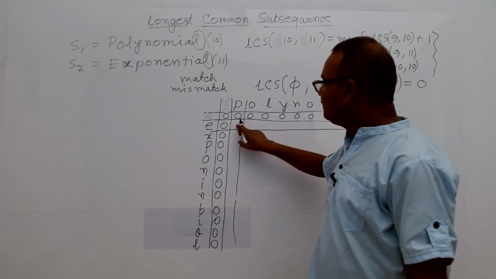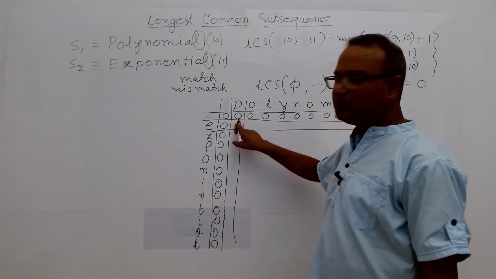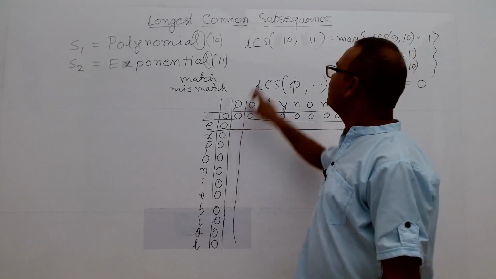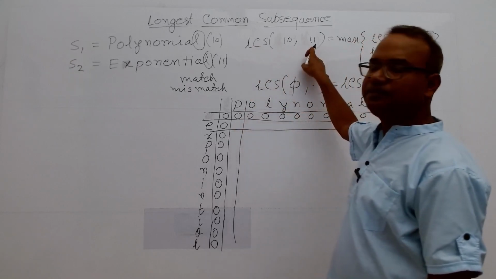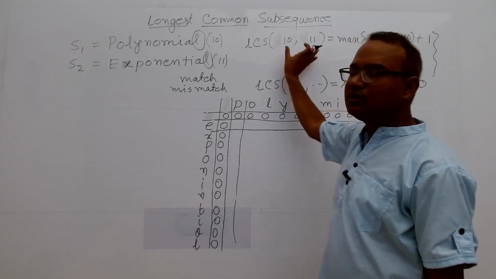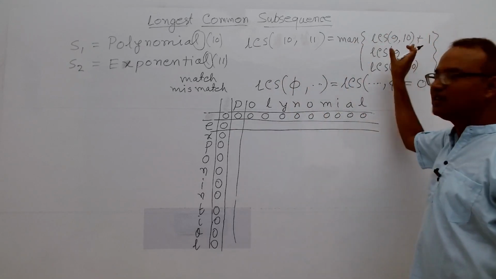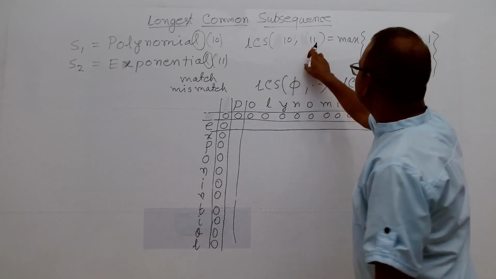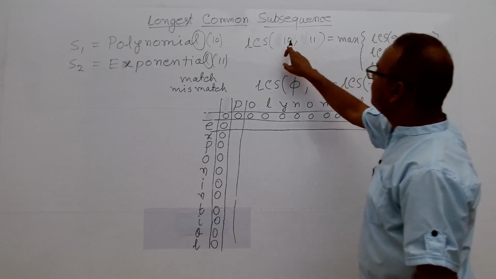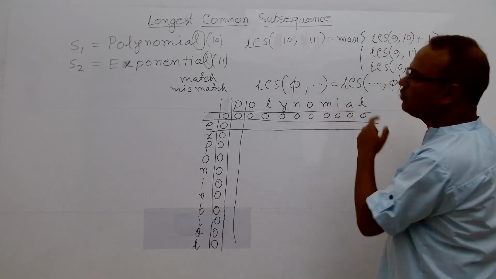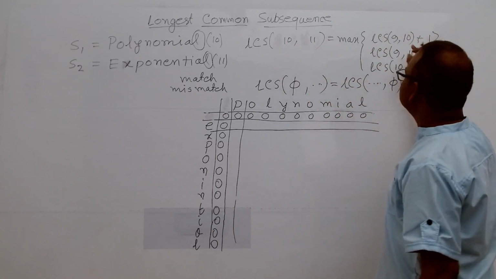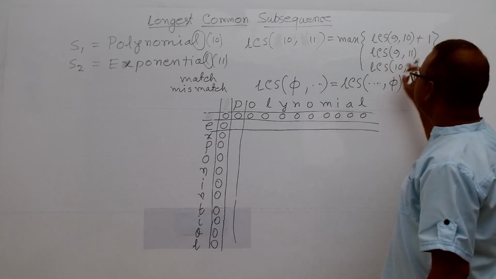Now, what will be this value? This is the 1 1 position, so I have to compute LCS 1 1. How to compute? I have this recursion. I have to look at these three positions: 0 0, 0 1 and 1 0.